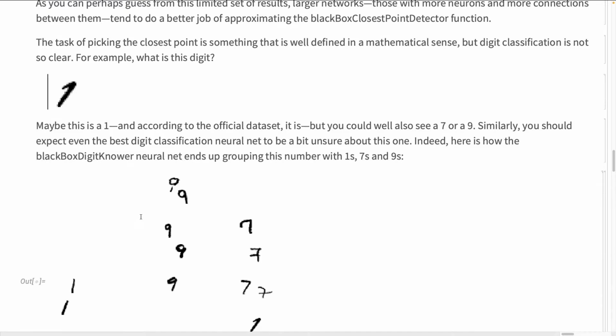So if we have a good model for doing human-like tasks, like say a neural network, we might expect that it might be ambiguous in the same way that a human mind is ambiguous, right? Like if I look at this and think, the data set says it's a 1, but I think it could be a 7 or maybe even a 9.